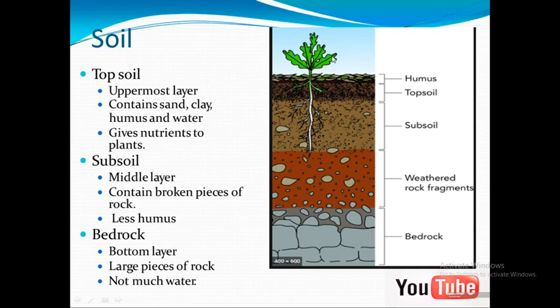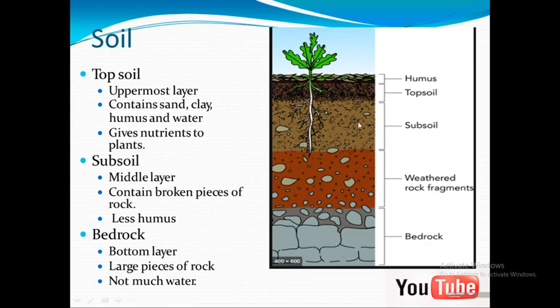These are the different layers. The top layer is rich in minerals and nutrients, and contains sand, clay, humus and water. Below is the subsoil. It is the middle layer, and broken pieces of rock are present, with less humus. Below that, the bedrock, a very large rock, is present, and not much water is present.